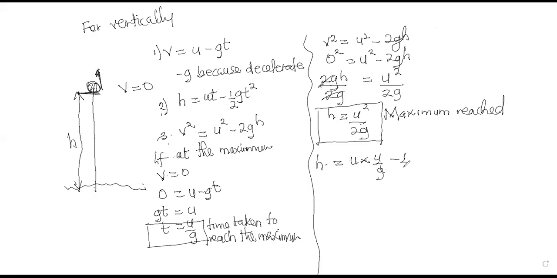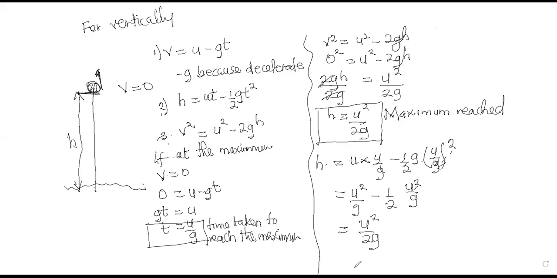We went through this and saw that this will give us u squared over g minus half u squared over g. We subtracted and got the same thing as u squared over 2g.